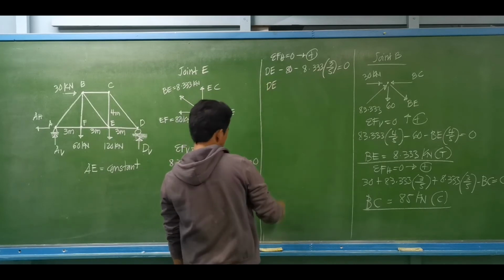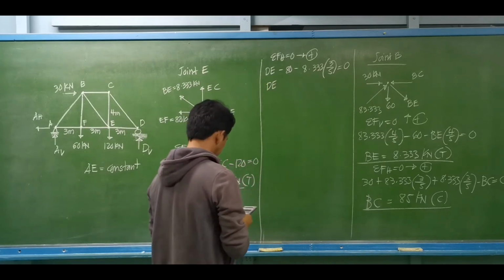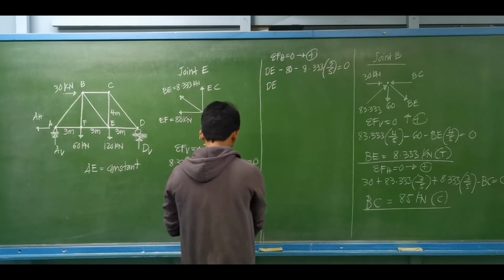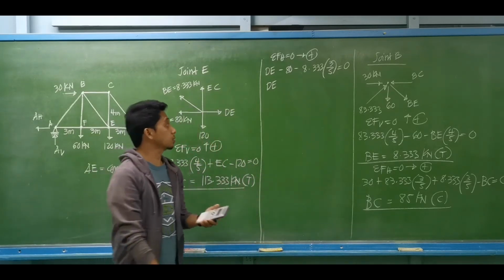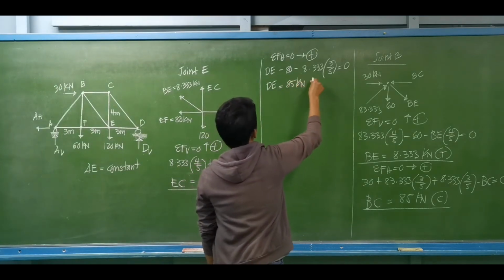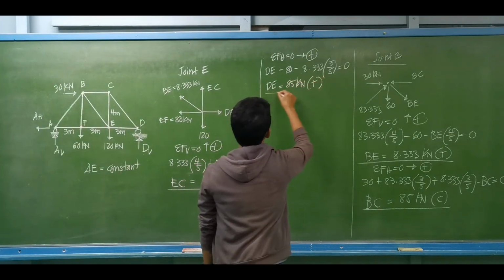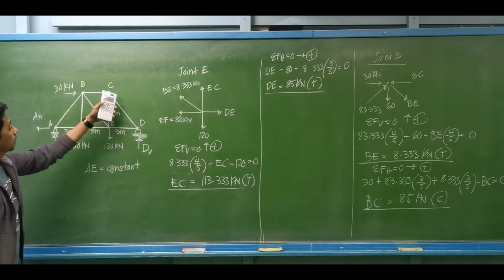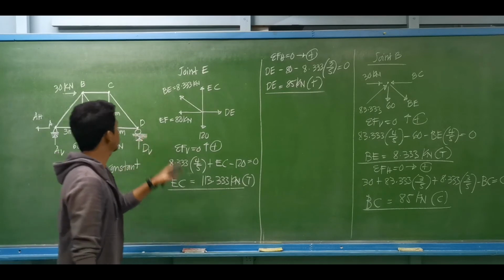The axial force for member DE is equal to 84.9998. So let's say approximately 85 kilonewtons, and this is under tension. Okay, so we have the last member, that is at joint D.